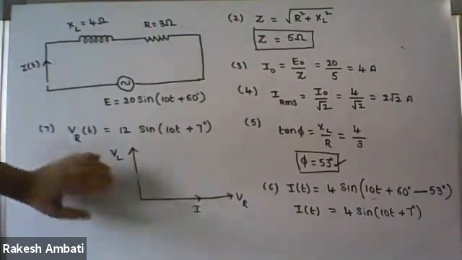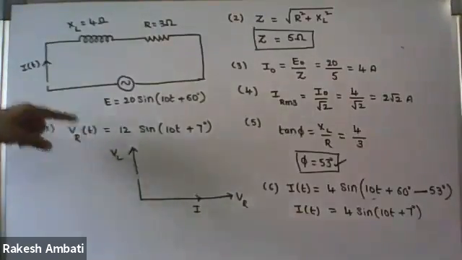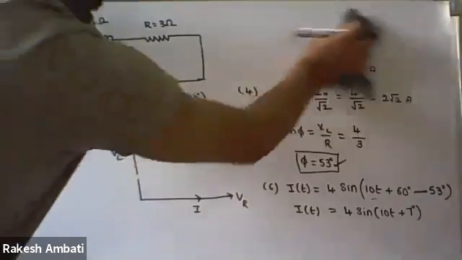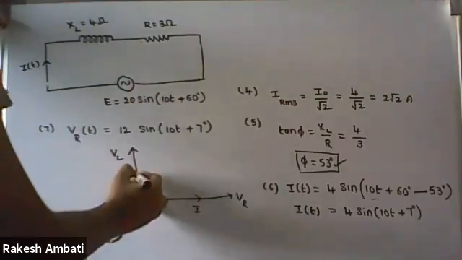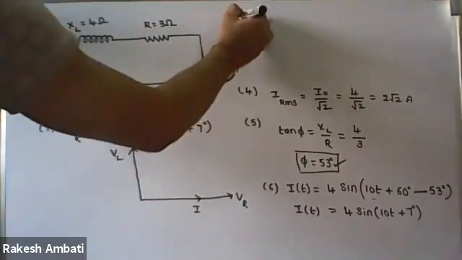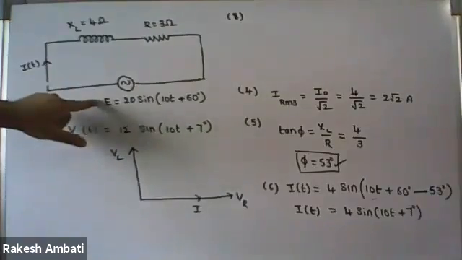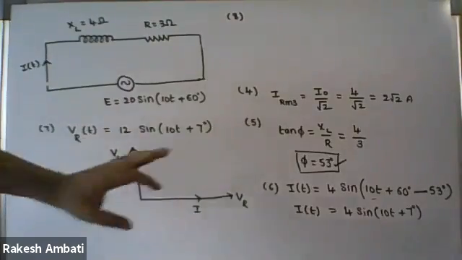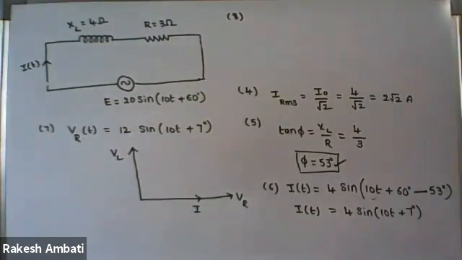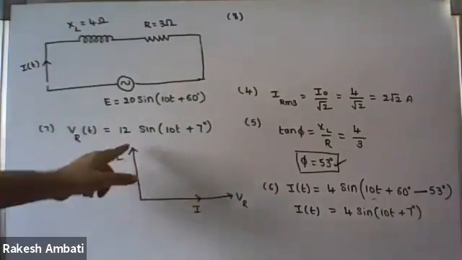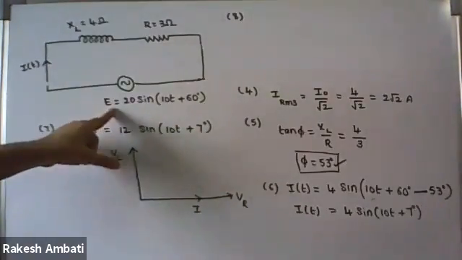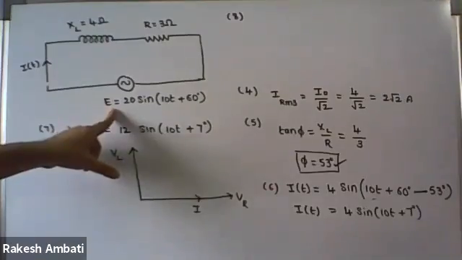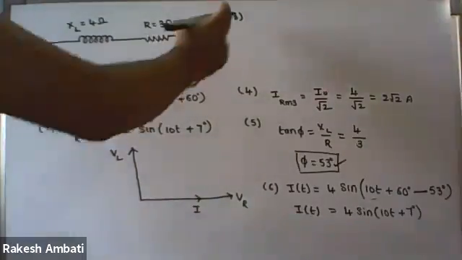Is this equation for VR as a function of time clear? Sir, can we represent E in the phasor diagram? Yes. This VR, VL resultant is E. Correct? Yes, sir.